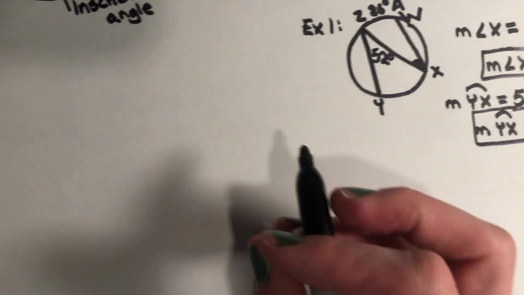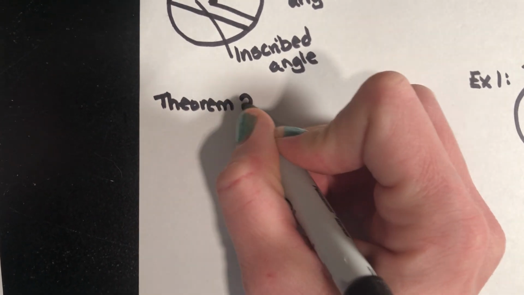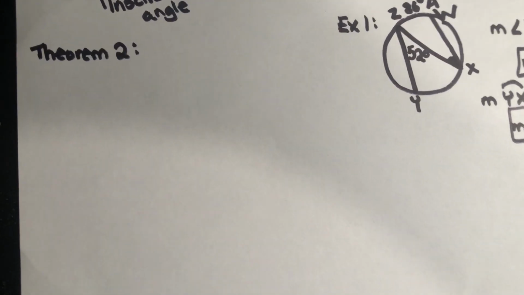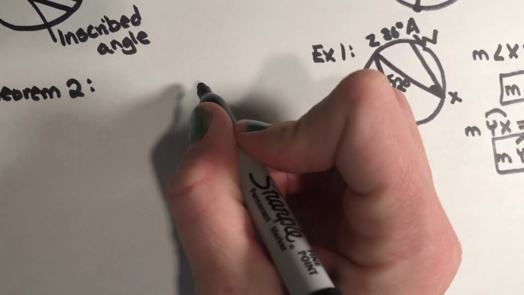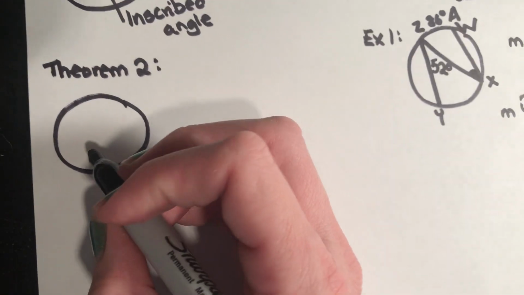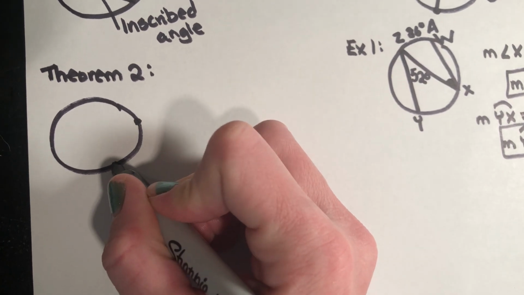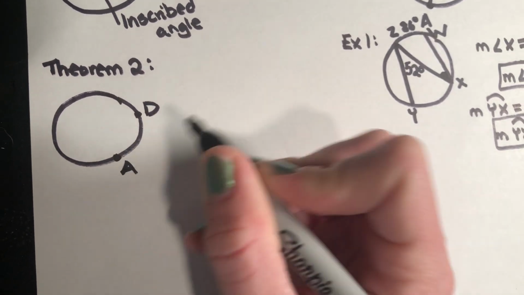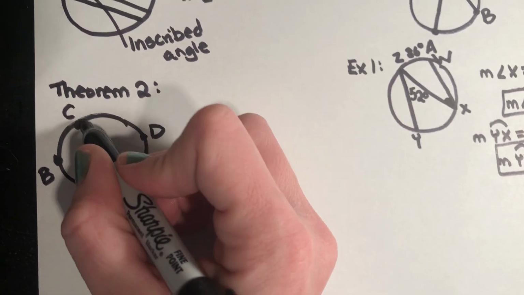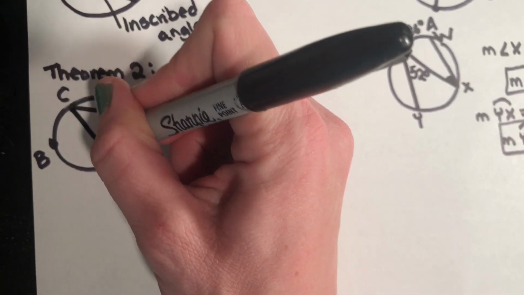All right, theorem number 2. If we are given 2 inscribed angles, so I'll draw the circle right here, and they intercept the same arc, so we have arc DA here, if point C and point B intercept the same arc, so C intercepts D, we have CD as a chord and CA.